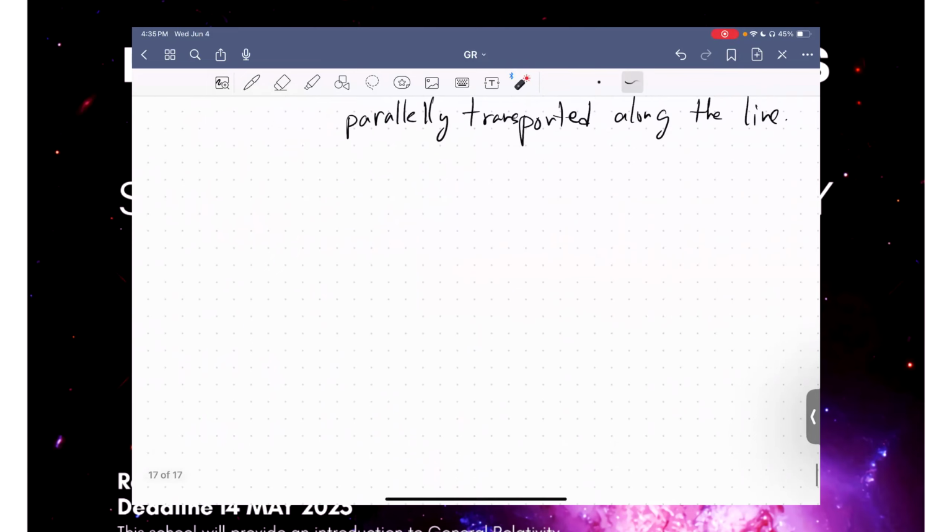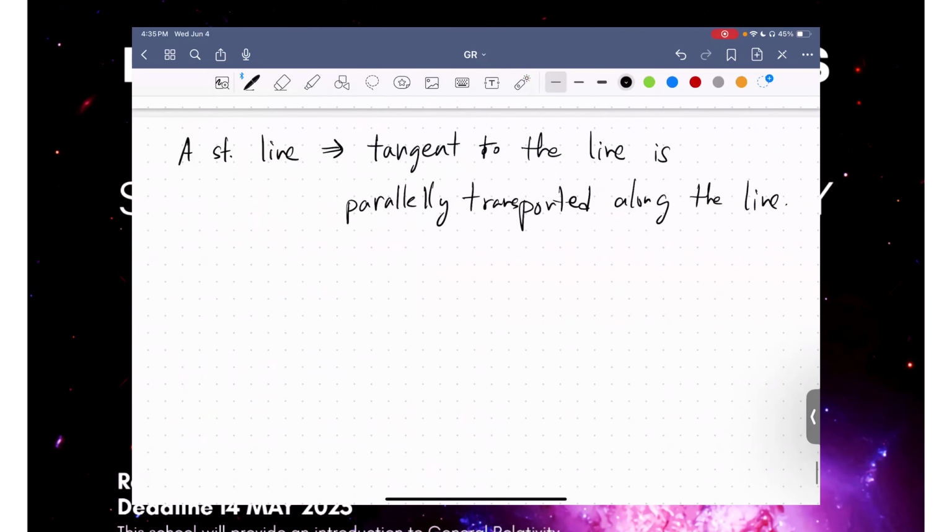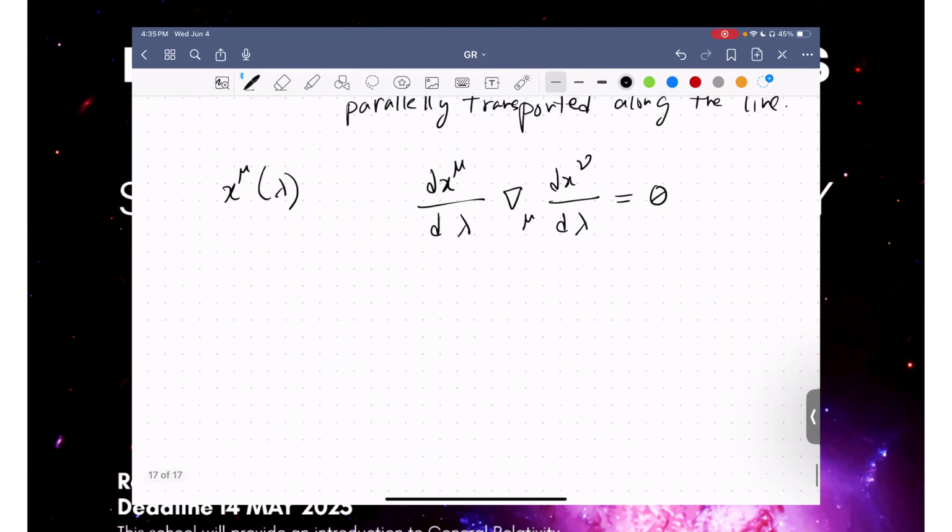So if we can find a curve defined by a set of functions x mu of lambda such that the tangent vector, again recall that this is the tangent vector, itself is parallelly transported, so I can put the tangent vector here again, and if this remains 0, then this implies that this is straight.